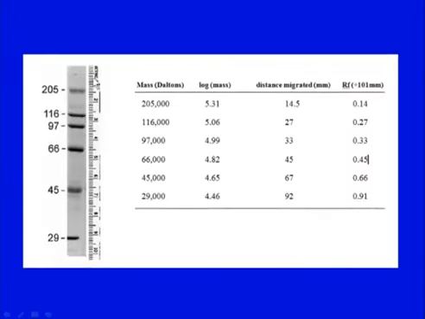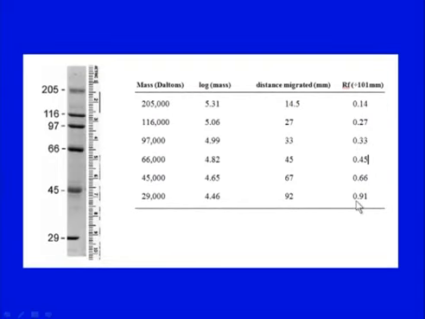So, what is done? For example, these are your standards here. The migration of the standards could be taken. These are the molecular masses here, and you can calculate the log of molecular mass, and then here the distance migrated. So, you have a distance of like 14.5 millimeter for this band, and likewise 92 millimeter for the last band, and total gel length will be around 100 millimeter.